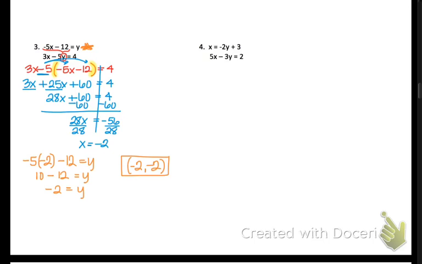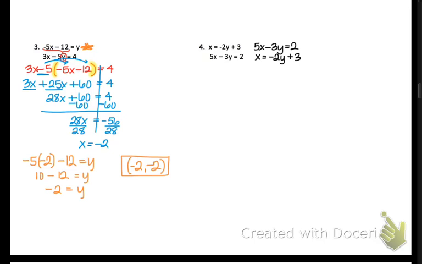Okay, so for number 4, I just want to show you a couple of things. If on number 4, the bottom equation had been on the top instead, 5x minus 3y equals 2, and x equals negative 2y plus 3, don't let that throw you off. These are the exact same problem.